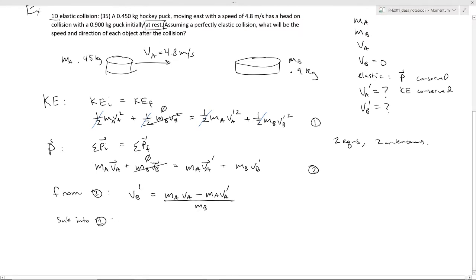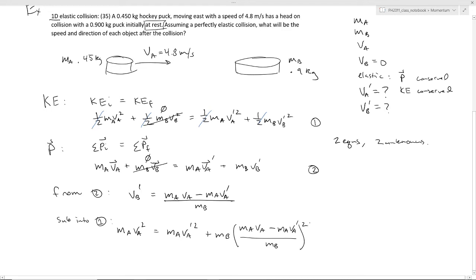So we would have MA VA squared is going to equal MA VA prime squared plus MB, and then I'll put a parentheses here, times VB prime squared, which would be this whole thing, quantity squared.